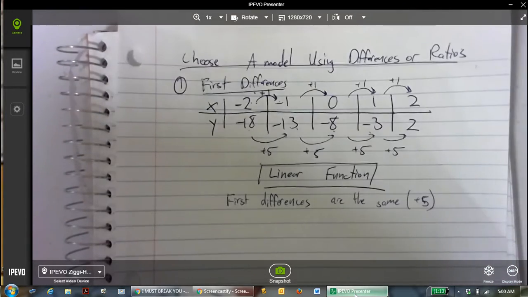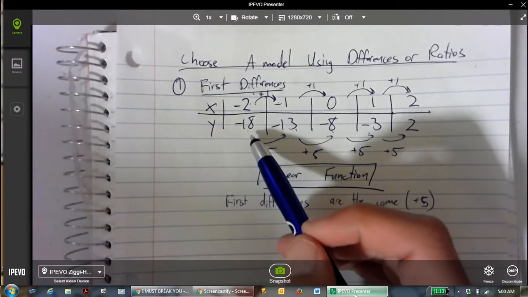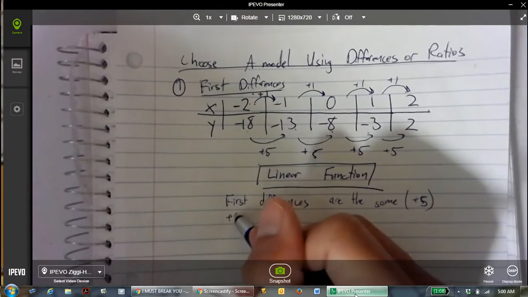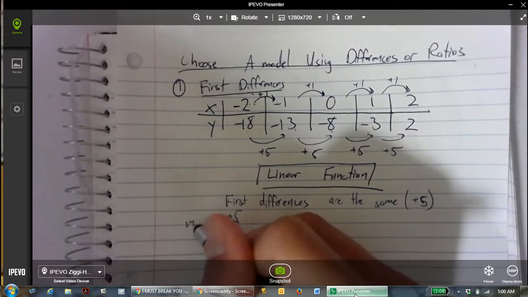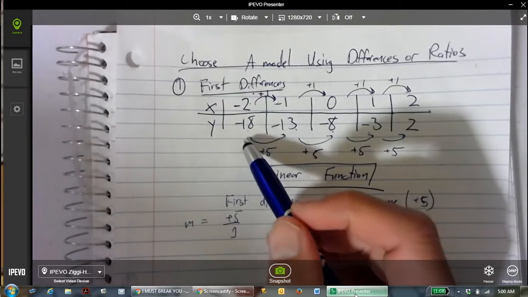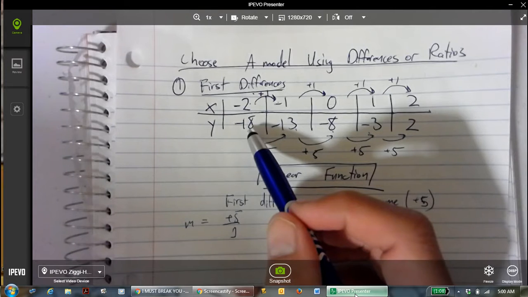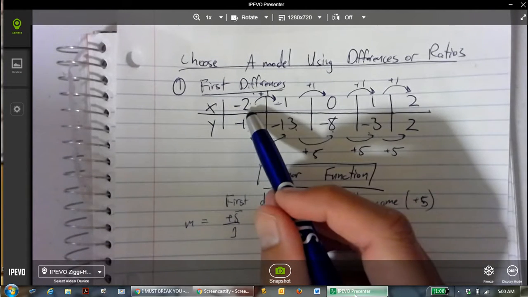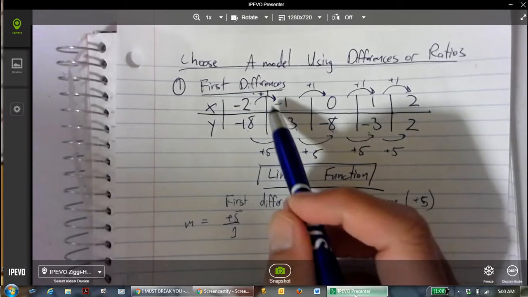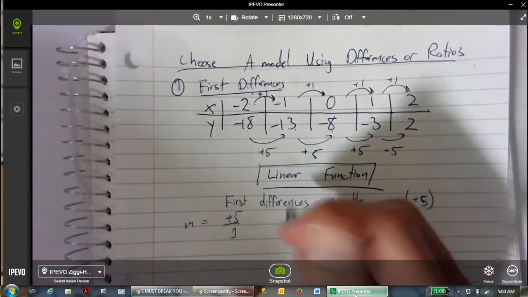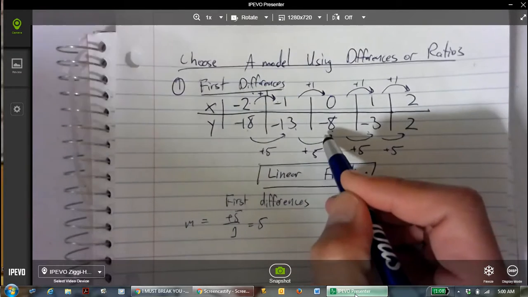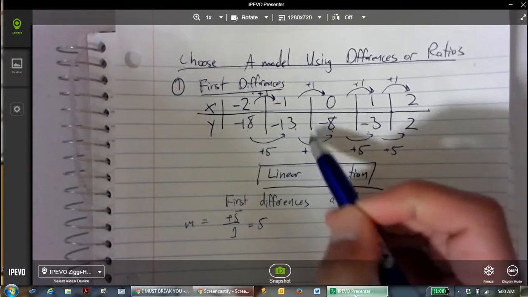You can look at that as a change in y over the change in x. That'd be plus 5 divided by 1, like your slope. Remember, it's y2 minus y1 over x2 minus x1. So it'd be positive 5 divided by positive 1, and you get a slope of 5. If you do that again with the next one, you can do the change in y over the change in x.